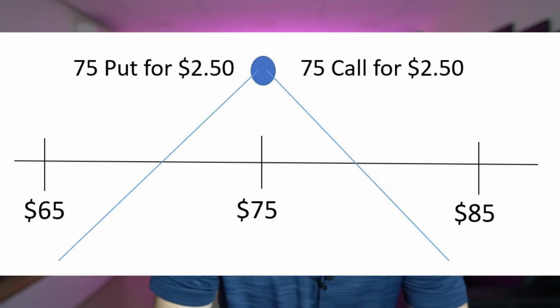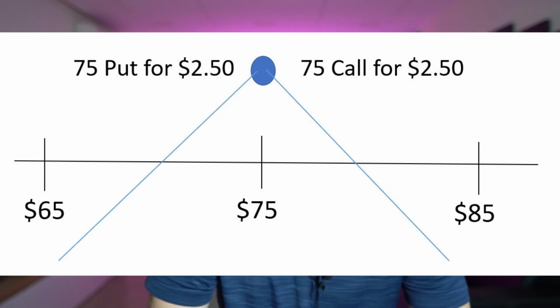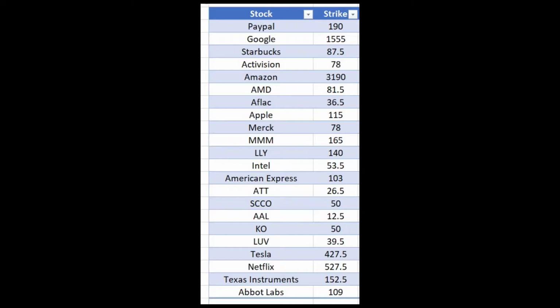So we want to get as much premium as we can while not having any directional risk. These are kind of scary because there's always going to be one of these that is in the money, either the put or the call. One of them has to be in the money unless it's at a perfect $75.